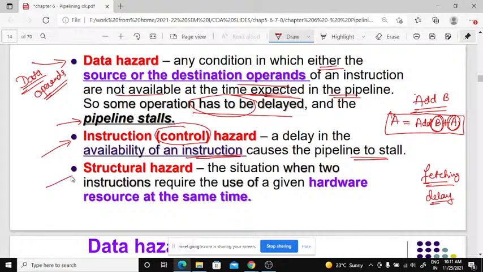Then the structural hazard will come. Structural hazard is the situation when two instructions require the use of a given hardware resource at the same time.